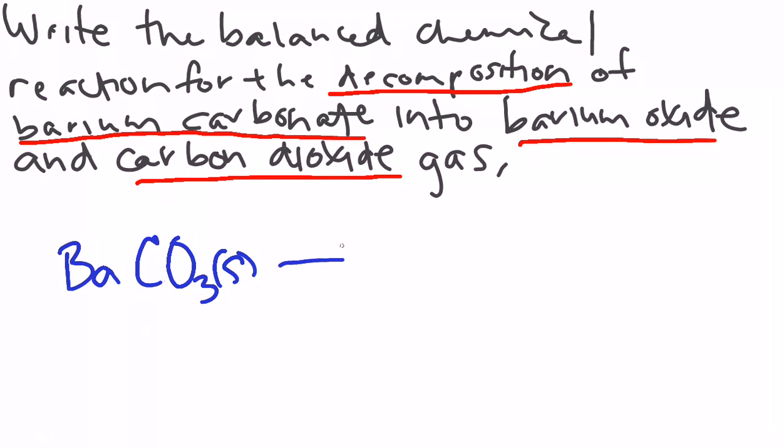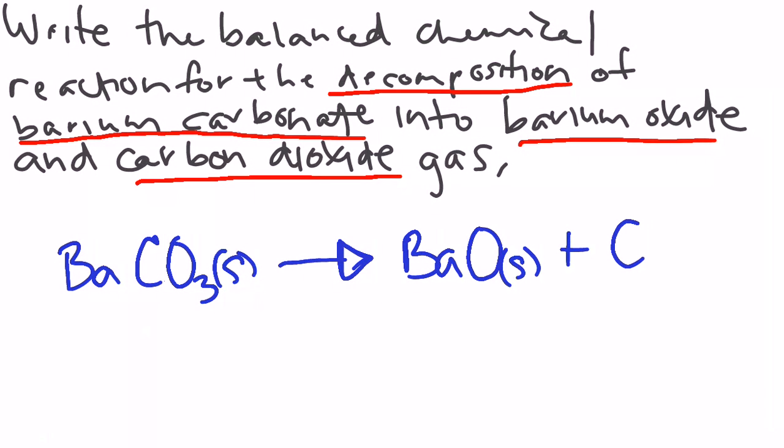This is broken down, so we write the reaction arrow, into barium oxide. Again, barium has a 2+ charge, oxygen has a 2- charge, so they combine in a 1-to-1 ratio. This is an ionic compound, so you can write solid, plus carbon dioxide gas.